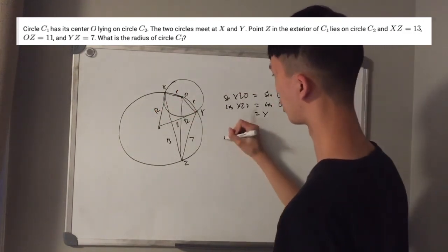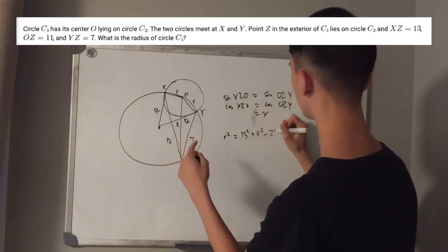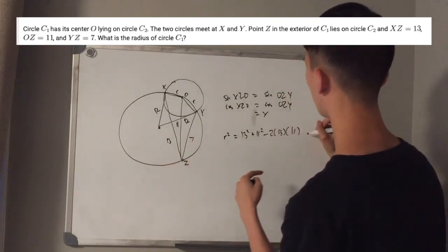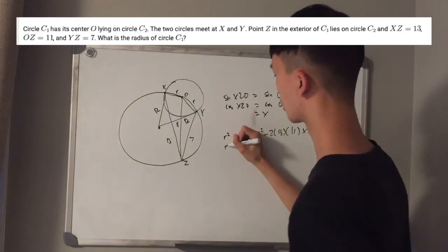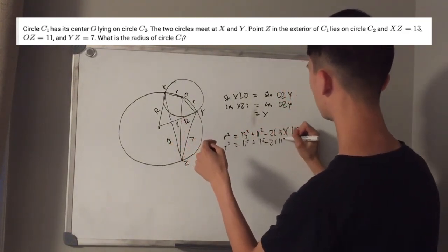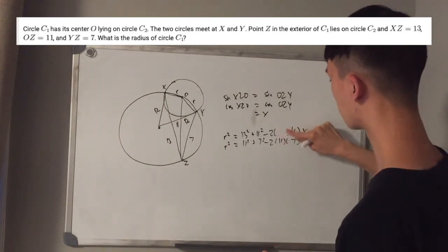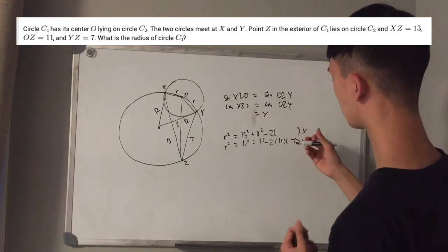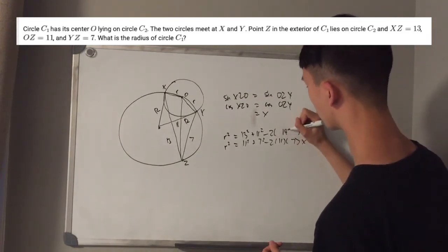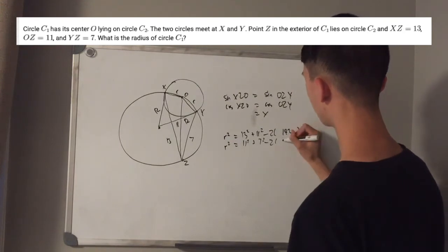So now let's apply cosine law to these two triangles. So we know that r squared is equal to 13 squared plus 11 squared minus 2 times 13 times 11 times x. We also know that r squared is equal to 11 squared plus 7 squared minus 2 times 11 times 7 times x. And now, multiplying the terms out in these brackets, we get that 13 times 11 is equal to 143, and also that 11 times 7 is equal to 77.